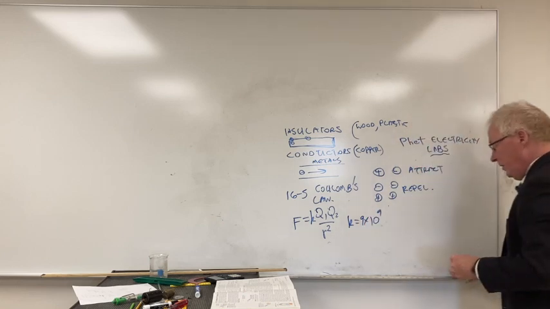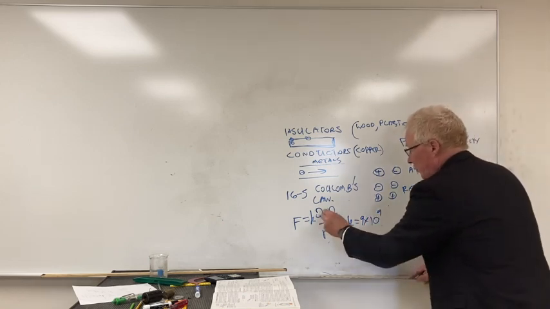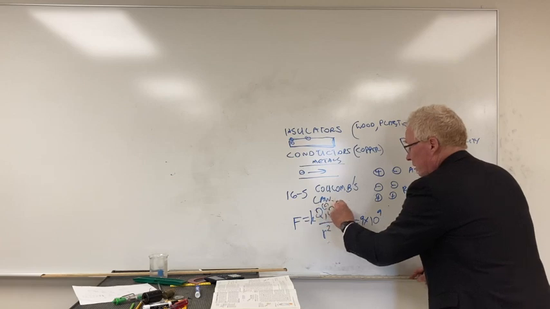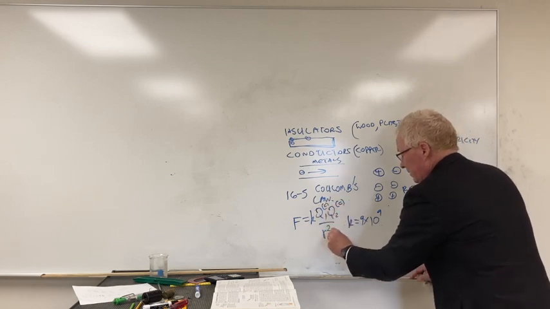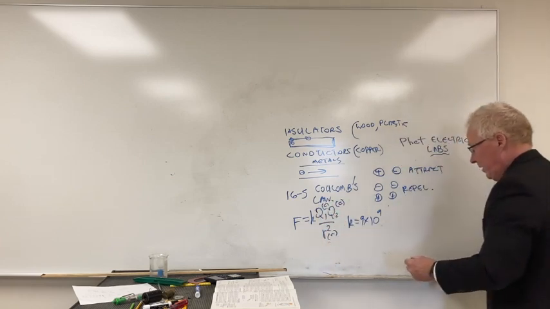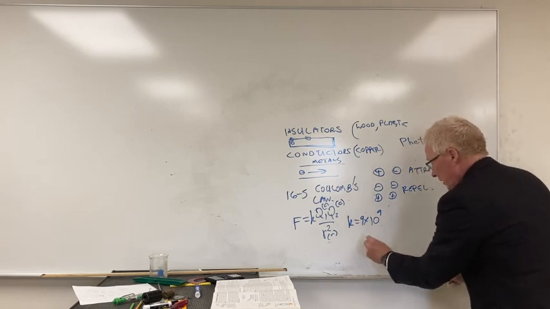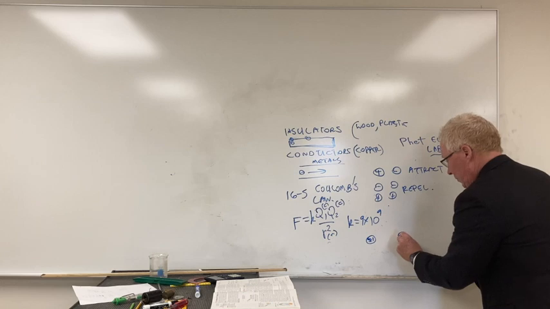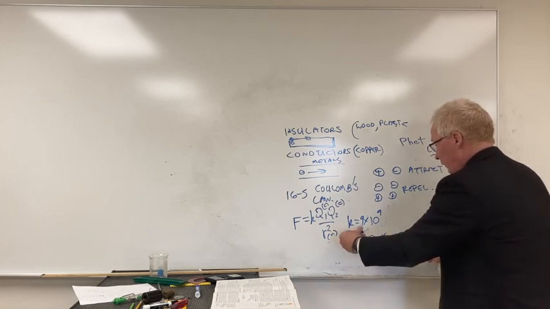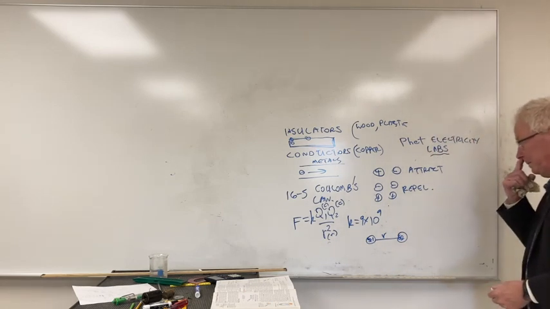Q is in coulombs, and R is the distance between them in meters. The force of attraction is given by that.